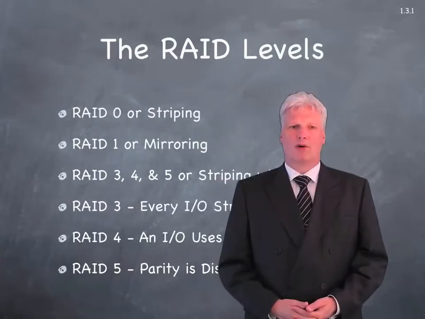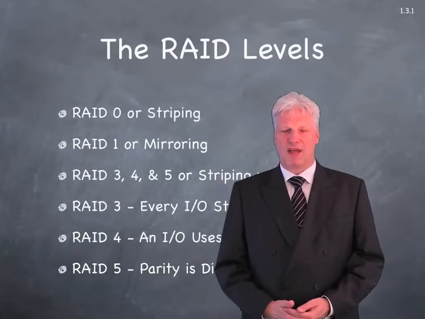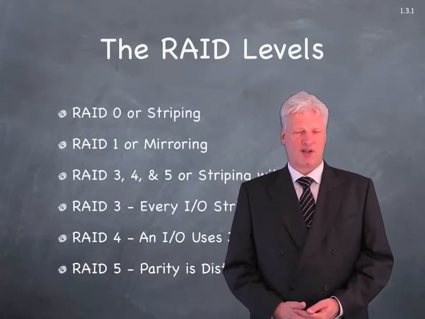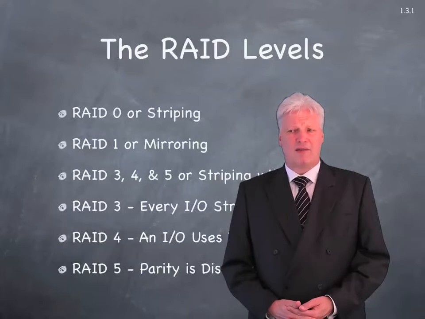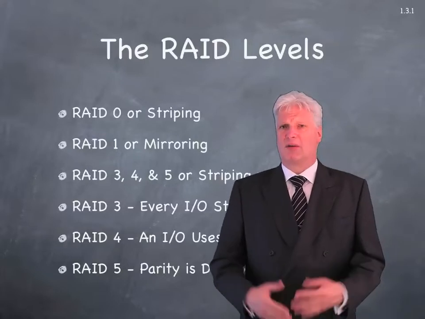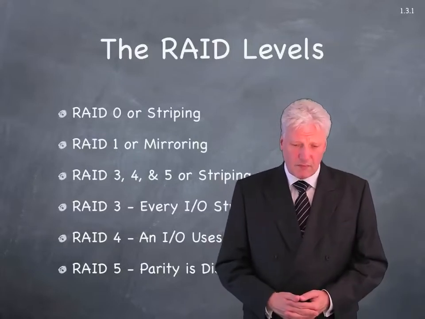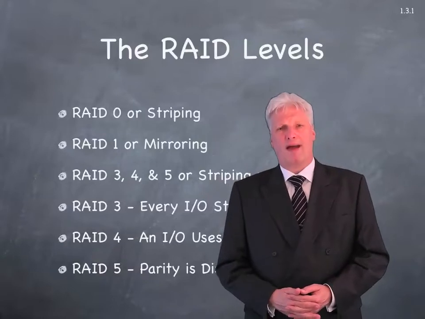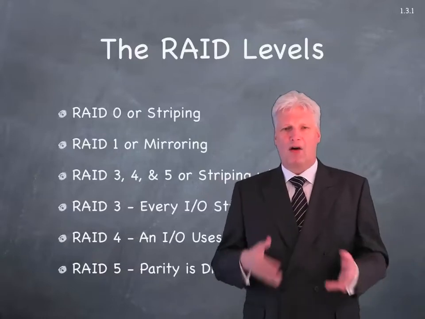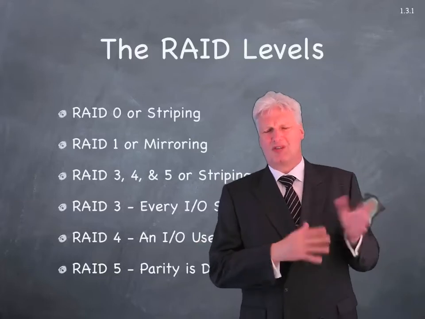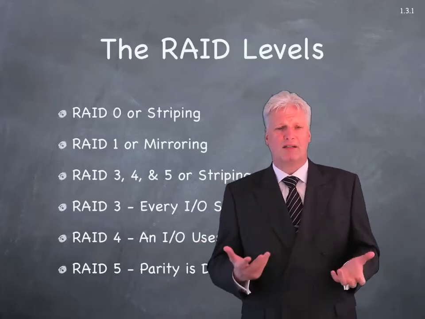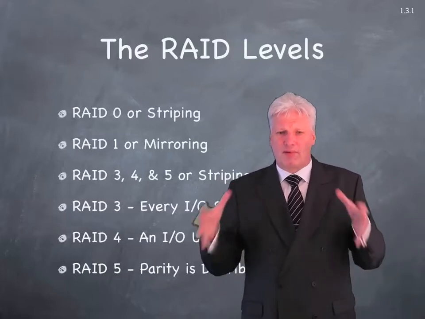The RAID levels were defined by a paper from Stanford University some 30 years ago, and have only undergone in those past 30 years some minor changes. The idea of RAID, or redundant array of independent, or originally inexpensive, disks, means that you want to get some form of redundancy in there.